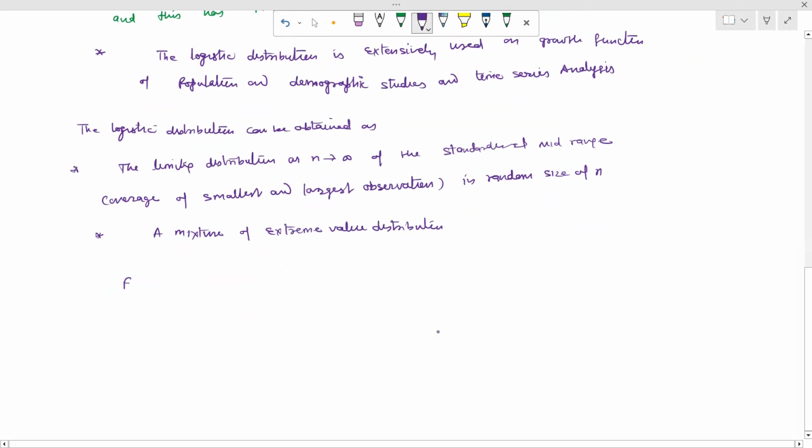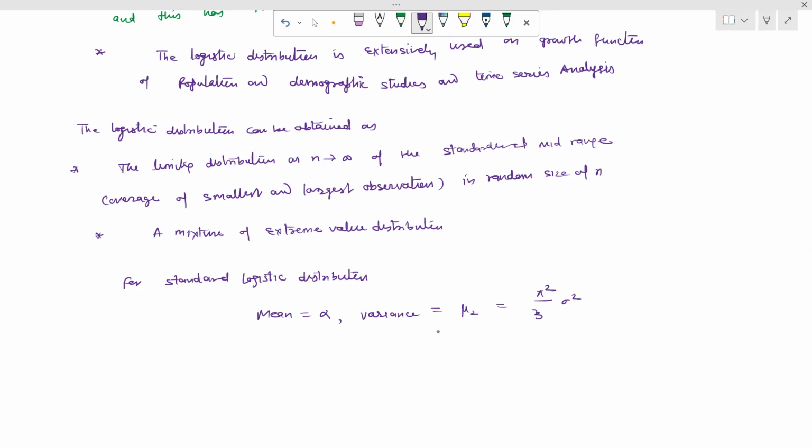Now we talk about the standard logistic distribution. For a standard logistic distribution, we have mean, which is alpha, and variance, mu2. Mu2 we can obtain as pi square upon 3 into sigma square.